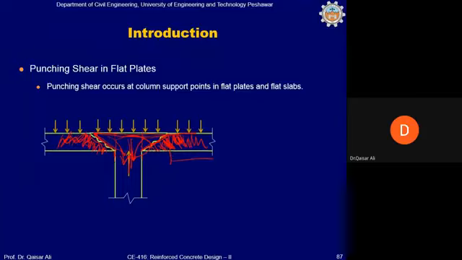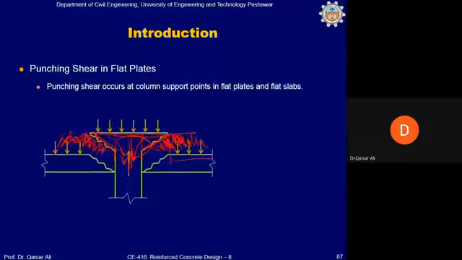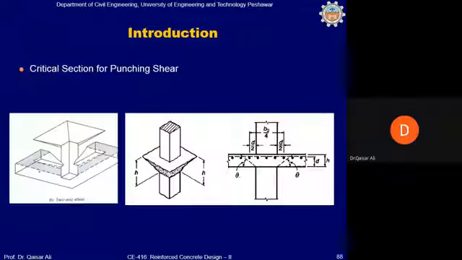I think you remember we discussed this when designing the isolated column footing. We will quickly go through it. This is the punching out of the column. The weight of this part of the slab is causing this punching shear, and this crack occurs at a distance of d/2 from the face of the support.